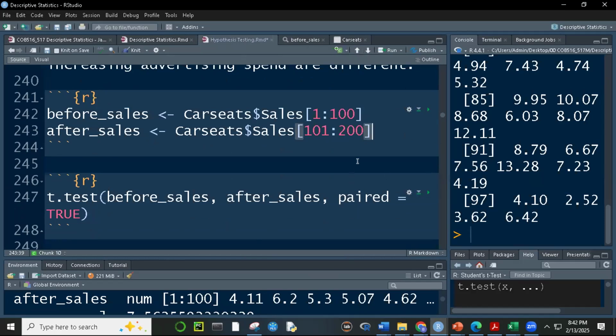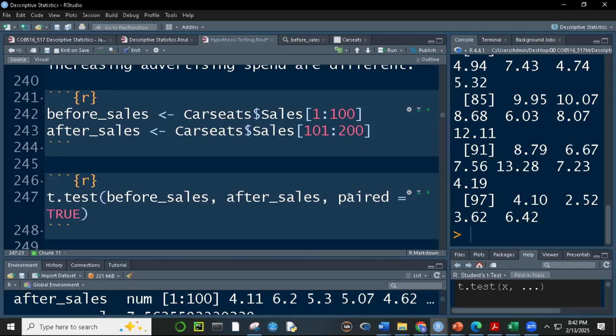So this is a paired test. We have one sample data, and then it's split into before sales and after sales. So we're using t-test again, and the syntax is before sales and then after sales.